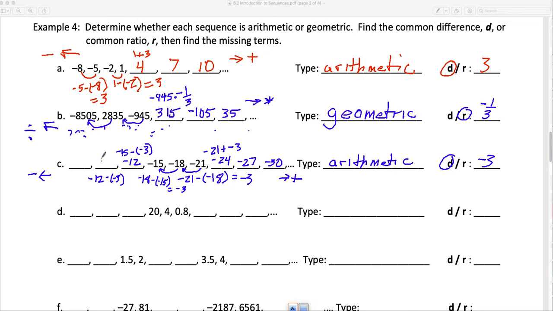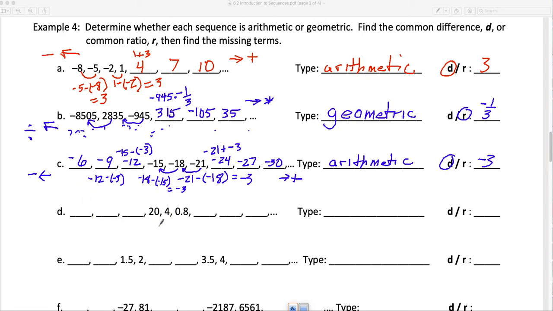Negative 12 minus a negative 3, that one's going to give me a negative 9. So you can see the pattern. It is decreasing by 3 each time, so it's a negative 3. So this one is going to be a negative 6.